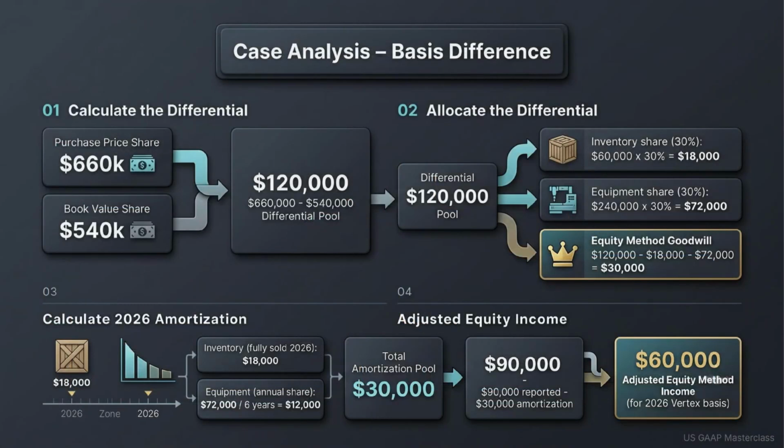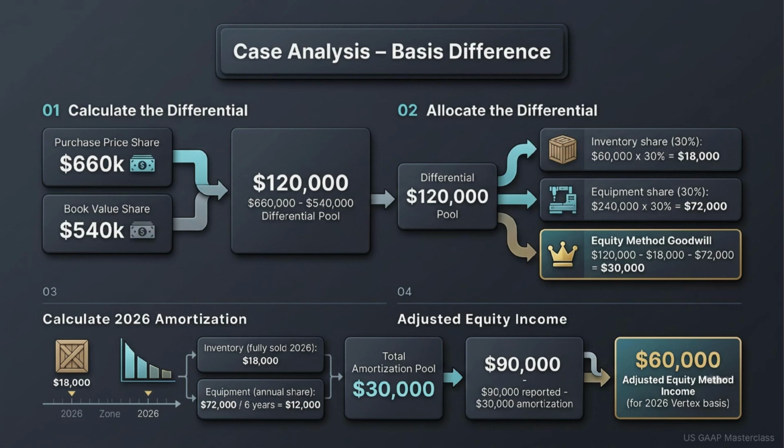Now adjust income for basis differences. Vertex's book value share is $1,800,000 times 30%, which equals $540,000. The differential is $660,000 minus $540,000, which equals $120,000. Inventory share is $60,000 times 30% or $18,000. Equipment share is $240,000 times 30% or $72,000.